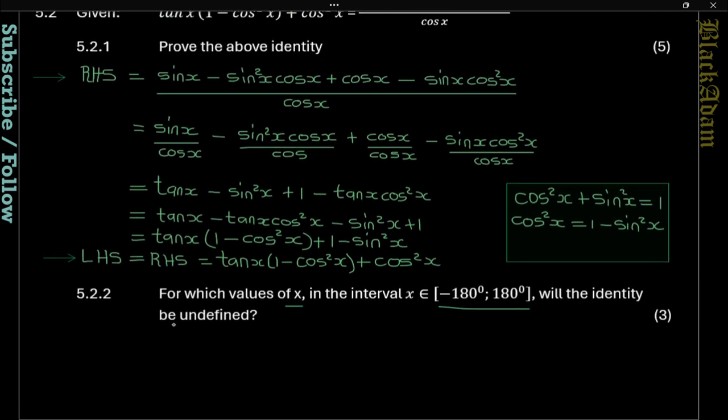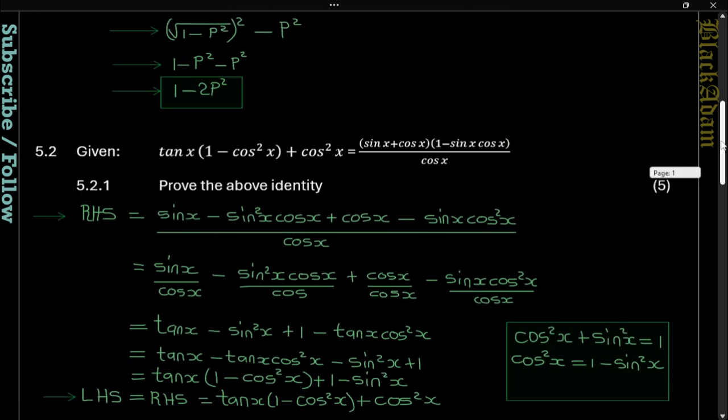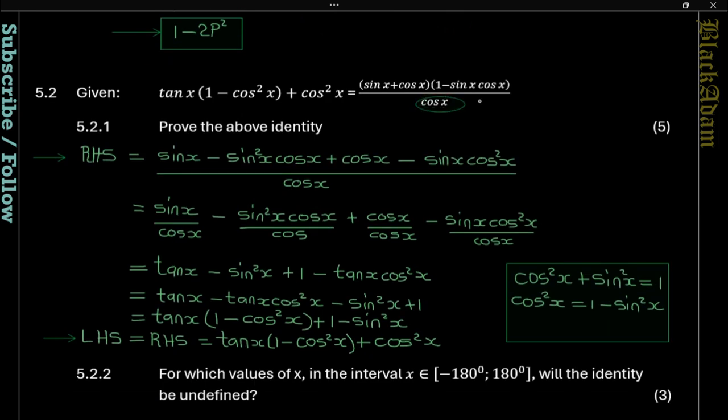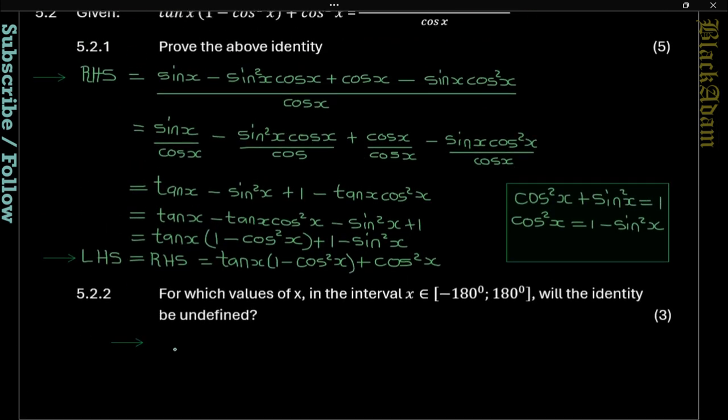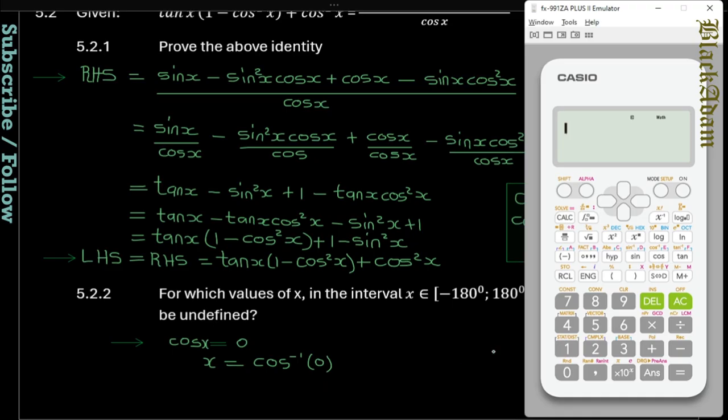So we move on to the next question, and we need to know that 5.2.2 to be undefined. So how do we make that undefined? Cos x should not be equal to 0. So because cos x should not be equal to 0, let's pretend cos x is 0. As cos x is 0, then x is going to be inverse cos of 0.